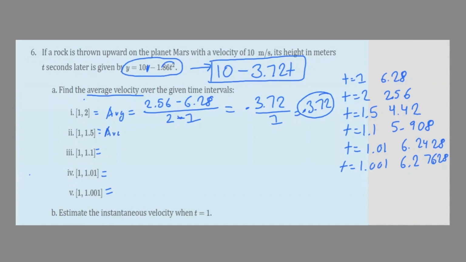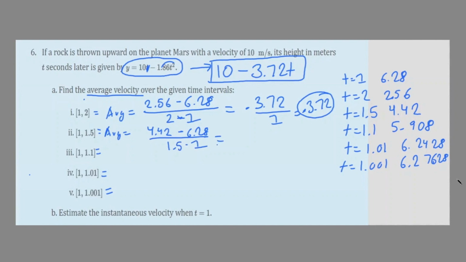So let's try to do all of these. So the second one is 4.42, because 1.5 seconds is 4.42, and then minus just 6.28 over 1.5 minus 1.